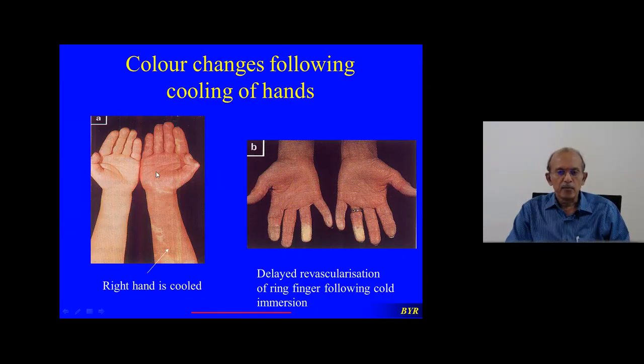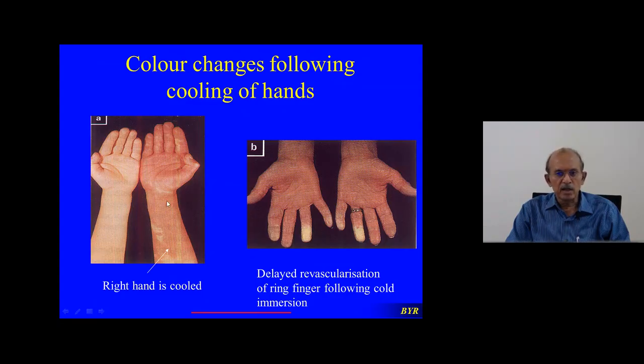Now you can see the dusky congestion. This hand is normal, but this hand is put in cold water. First there will be whiteness, you can see the whiteness here and here. After 2 or 3 minutes, there will be blueness, and afterwards you will see the red hand.